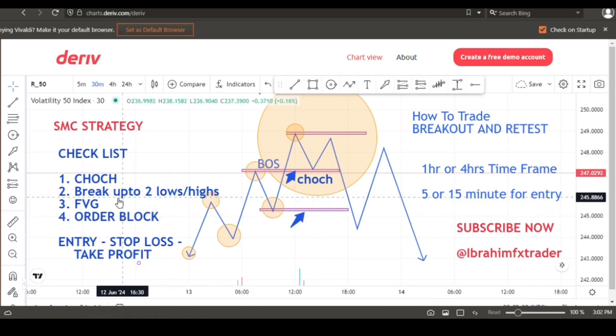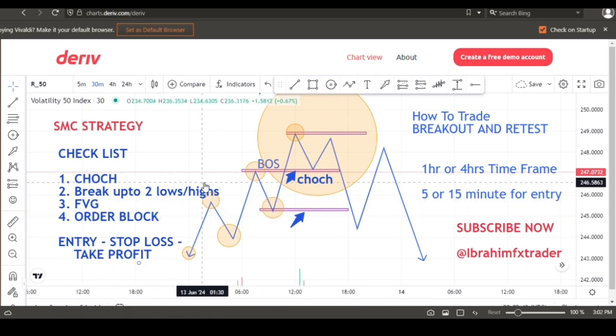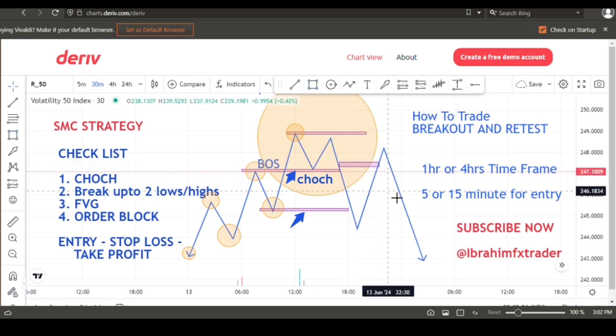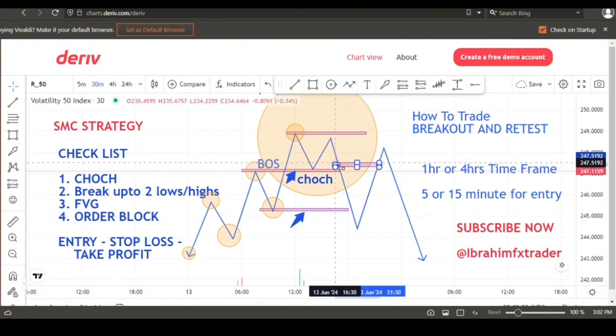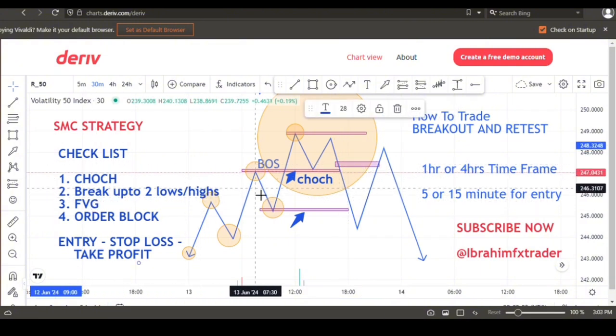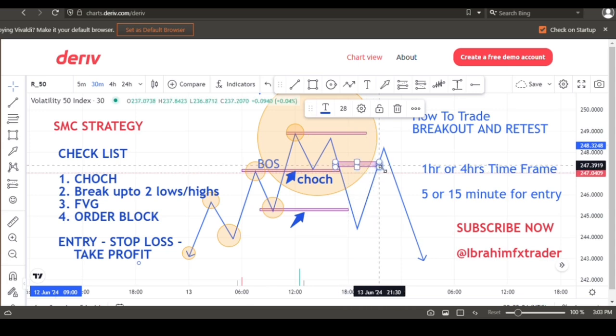Number 3 is the fair value gap. You are going to get your fair value gap right here.